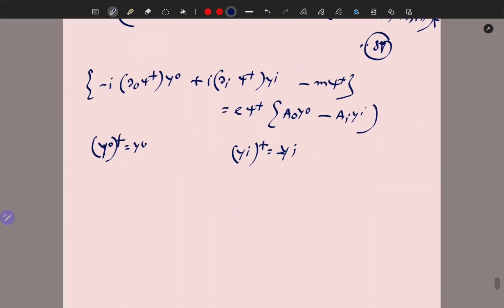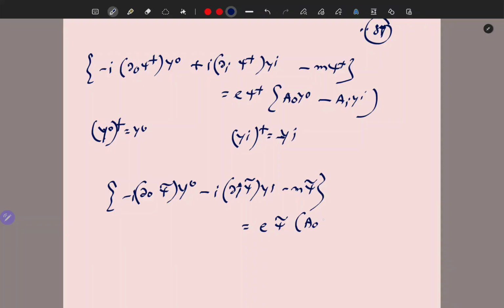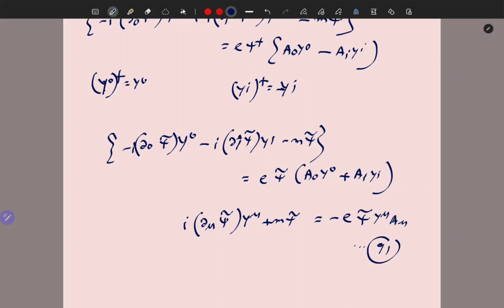Now right multiplying by γ^0, we have −i ∂_0 ψ̃ γ^0 − i ∂_i ψ̃ γ^i − m ψ̃, which can be written as e ψ̃ (A_0 γ^0 + A_i γ^i). So we have i ∂_μ ψ̃ γ^μ + m ψ̃ = −e ψ̃ γ^μ A_μ, which is equation number 91.